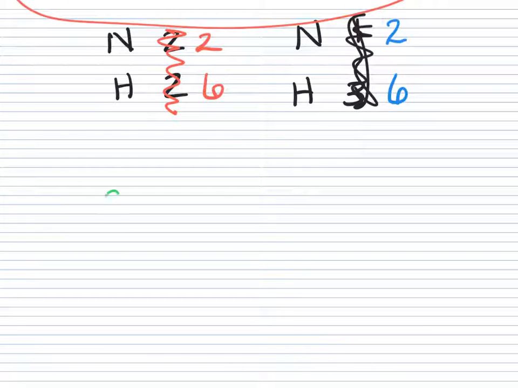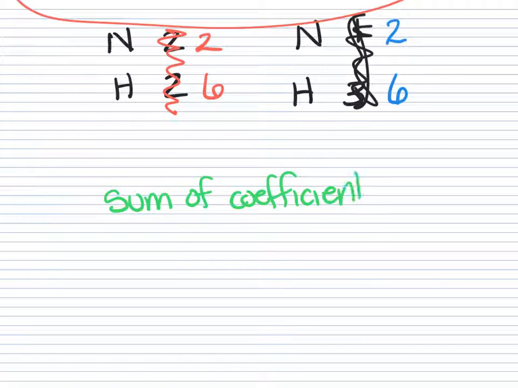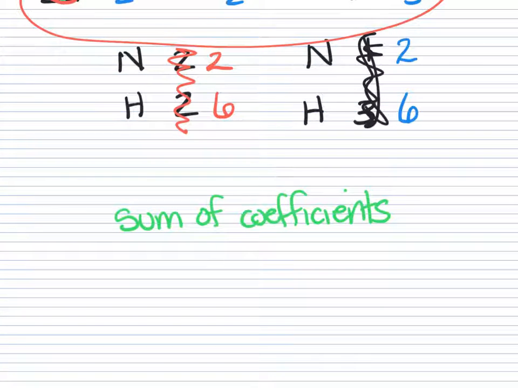Sometimes they will also ask us to write the sum of the coefficients. Let's write coefficients. Okay? The sum of the coefficients is 1 plus, you see this little plus sign here? That plus sign right there. 1 plus 3.